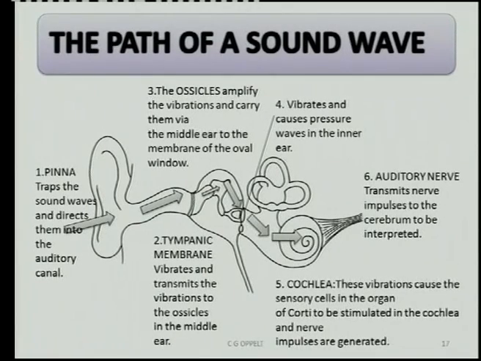It concentrates the ear wave, and with the ossicles, amplifies this ear wave up to 20 times. So the 3 auditory ossicles, the hammer, the anvil, and the stirrup, vibrate, and they cause the oval window to vibrate. And those vibrations are transferred to the endolymph in the cochlea.